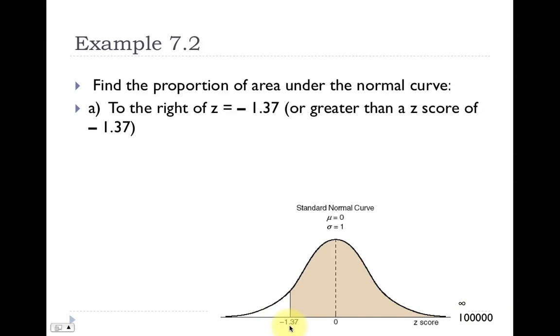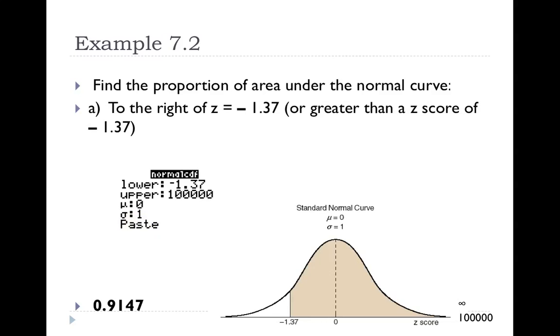Okay, so our z-score on the left-hand side is negative 1.37. Our z-score on the right-hand side is positive infinity, 100,000. So on our calculator, we're going to put in negative 1.37 for the lower z-score, 100,000 for the upper z-score, a mean of 0, and a standard deviation of 1, and hit paste.